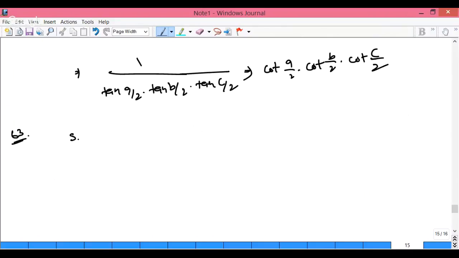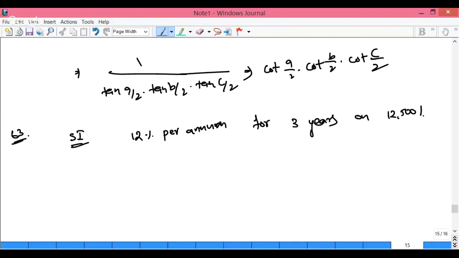Now, in case of simple interest, it is given that 12% per annum for 3 years on 12,500 rupees.